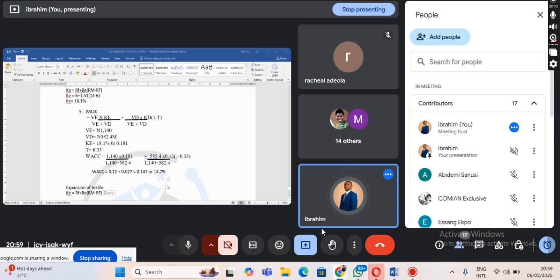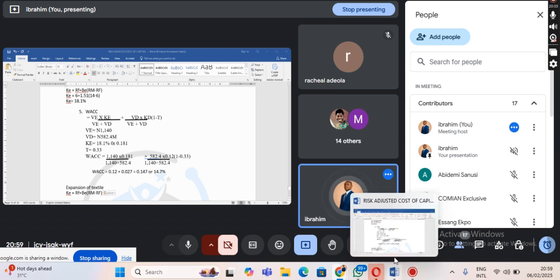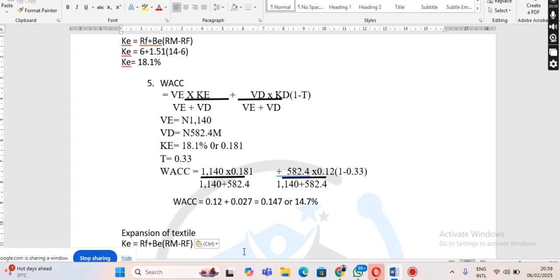But when the company is diversifying, going into the packaging industry that we just calculated, that is when you need to adjust for risk. Since it is still the same industry, just calculate the cost of equity of the company. Then you calculate the weighted average.